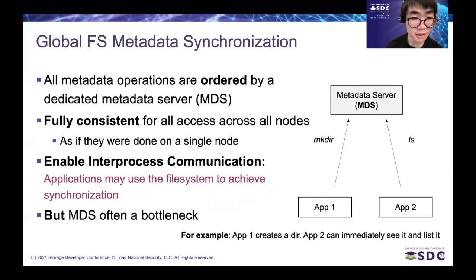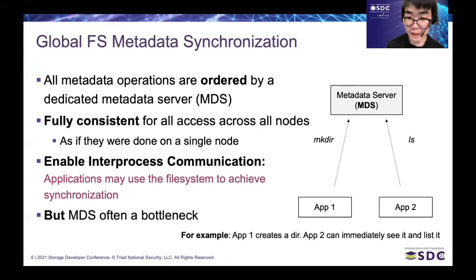And in NASD, this is basically done by sending all metadata operations to a single dedicated metadata server for processing. So global synchronization ensures fully consistent access across all nodes in the large computing cluster. So those clients may run on different compute nodes, but they act as if they were on a single node.